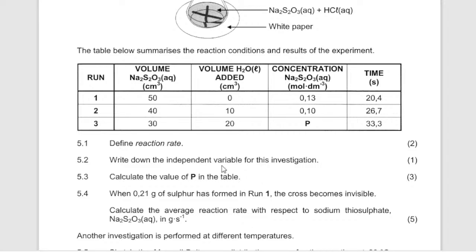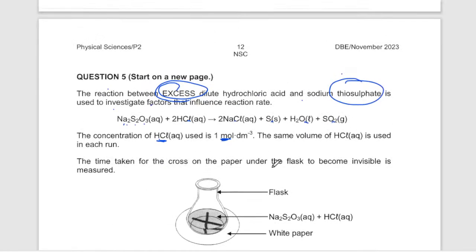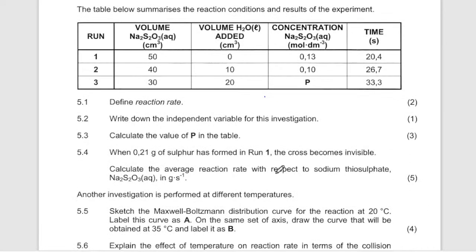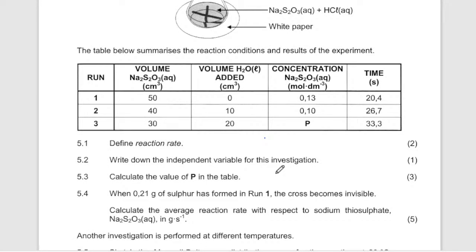Write down the independent variable. Here, for the independent variable, basically we look at what is changing in this experiment. Based on what I see here, the volume of sodium thiosulfate is changing: 50, 40, 30. And also the concentration is changing. So concentration will determine the rate or the time.